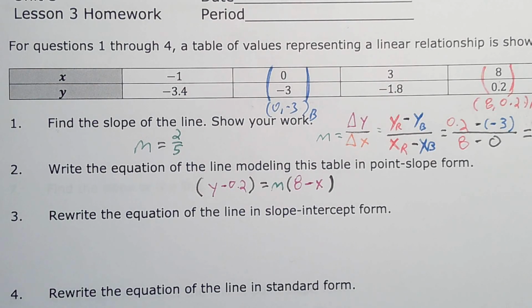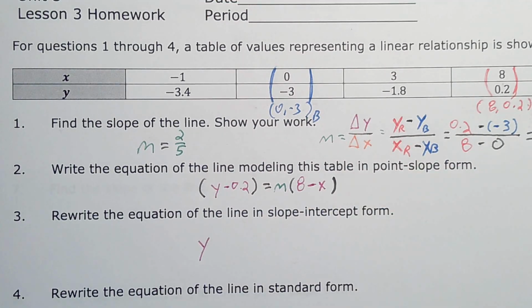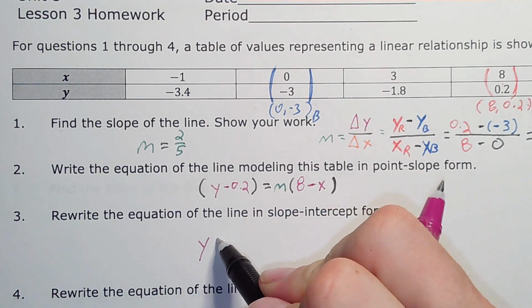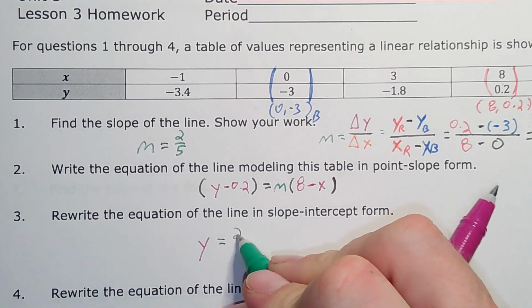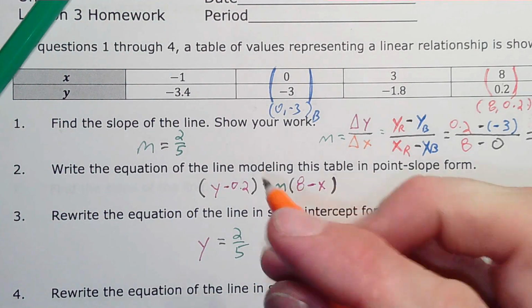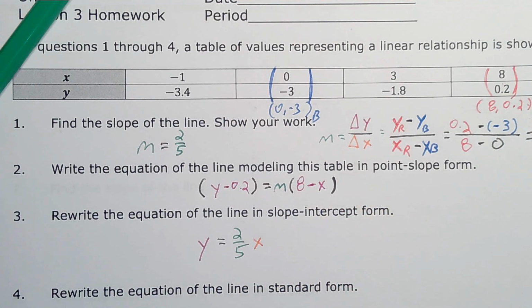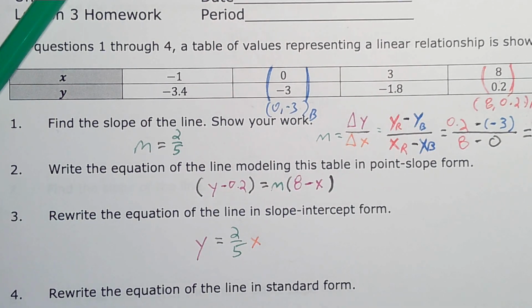All right, now to write the equation in slope intercept form, we say that y equals our m value, which is 2/5, times x, any x that we have, plus our b. So how do we figure out b?